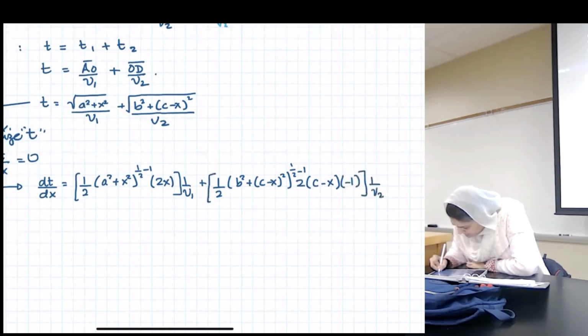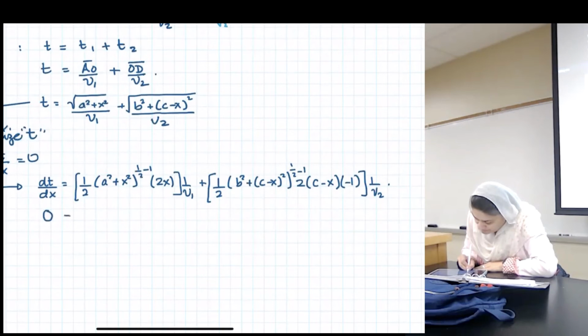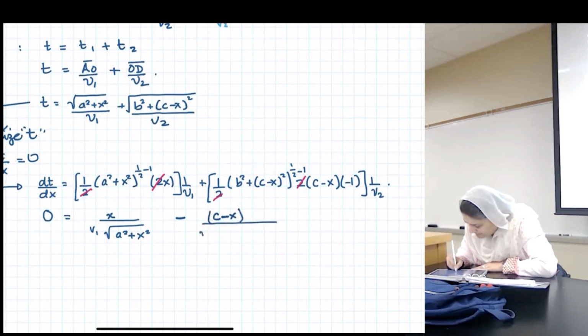And then 1 over V2. And we have to put all of this equal to 0. And then the 2's will go away. And then a half minus a 1 is minus a half. So I'm going to write this in one step. So this is now going to be x over V1 square root of a squared plus x squared minus (c minus x) over V2 square root of b squared plus c minus x squared.